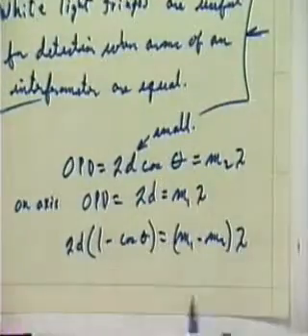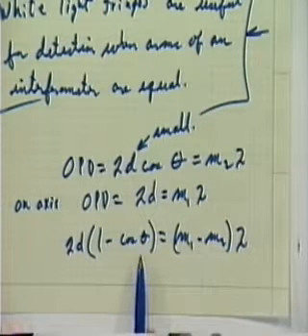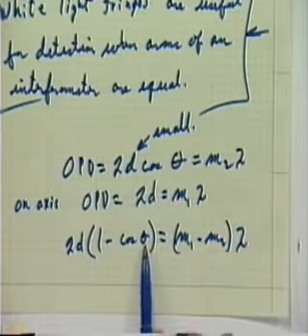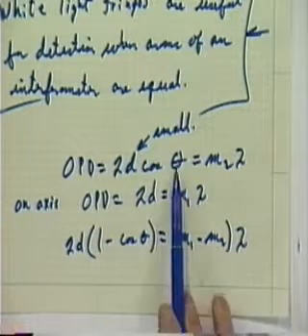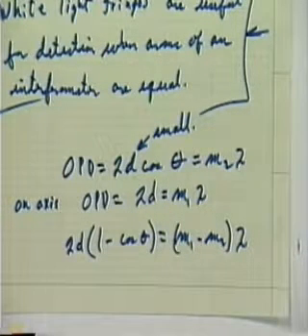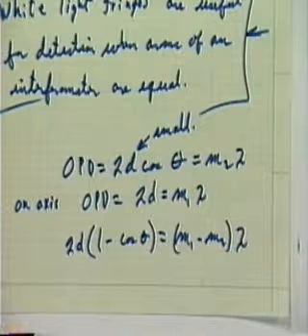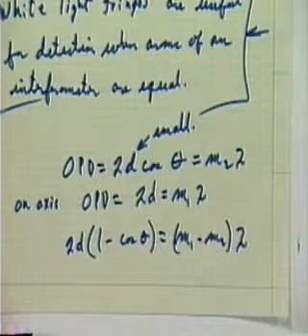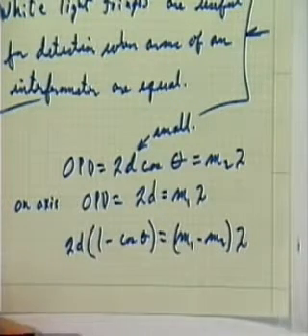Here, if I want to have more than one fringe, the only way to make the OPD equal to 0 would be to let theta go to 90 degrees, which is not too practical. So for large bandwidth, short coherence length, you look at fringes of equal thickness.